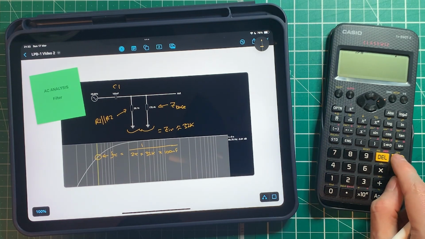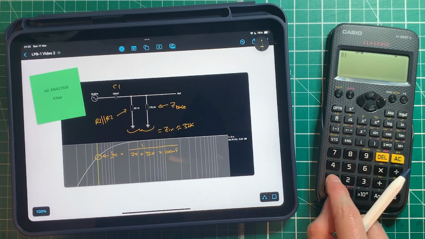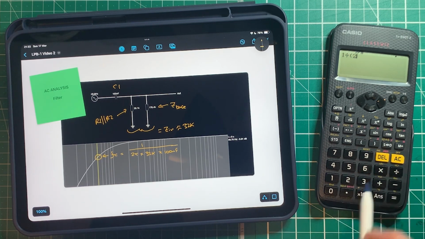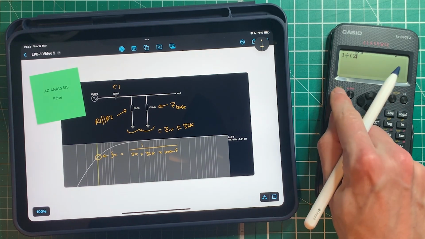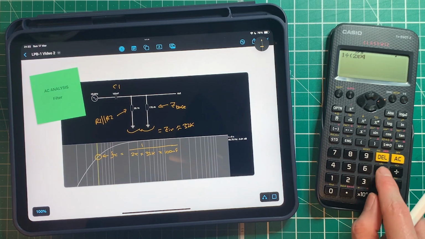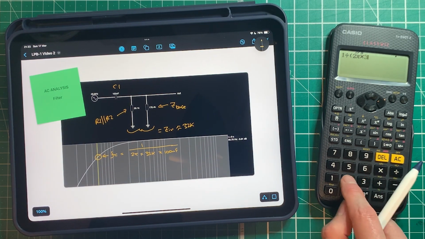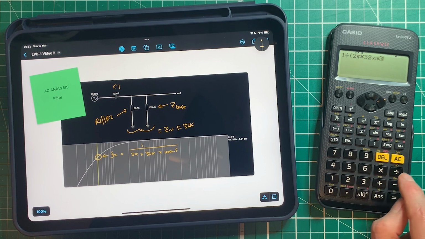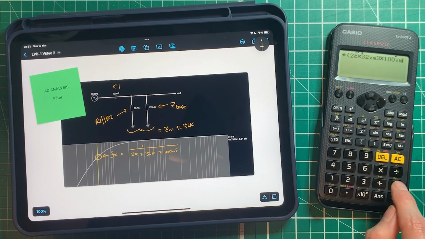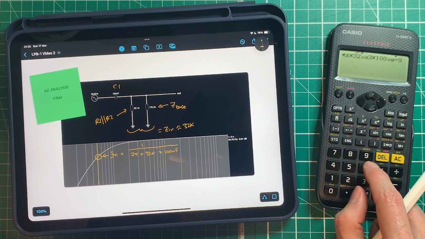So let's do that on the calculator. So that's 1 divided by, I'm going to use brackets, 2, my pi is hidden there, so I have to press shift and then pi, times 32 kilo ohms times 100 nanofarads.